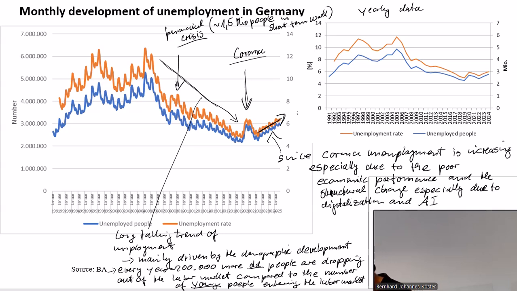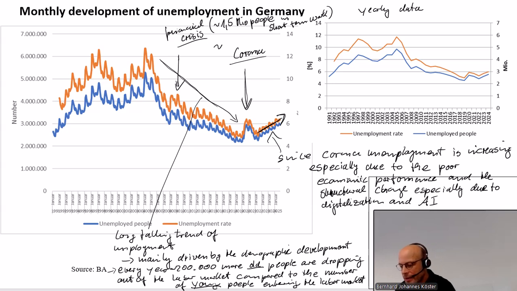And in Corona, it was even more. And this was, of course, a very, very special situation. In the lockdowns, we more or less said you are not allowed to work because you could not go outside.